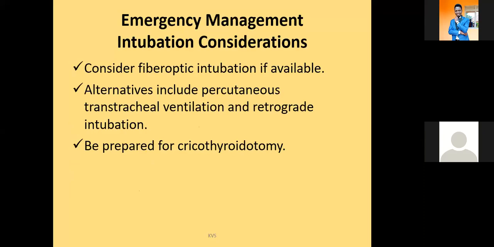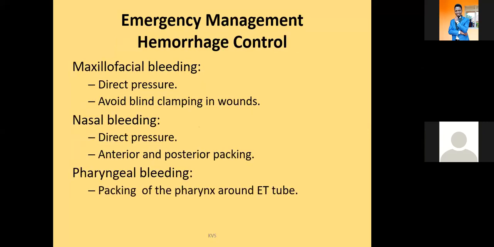Yes, fiber optic intubation, if it's available, of course, that is the best, because you are able to see what you are doing. Percutaneous tracheal ventilation and retrograde intubation, cricothyroidotomies, and so on might be the better options.